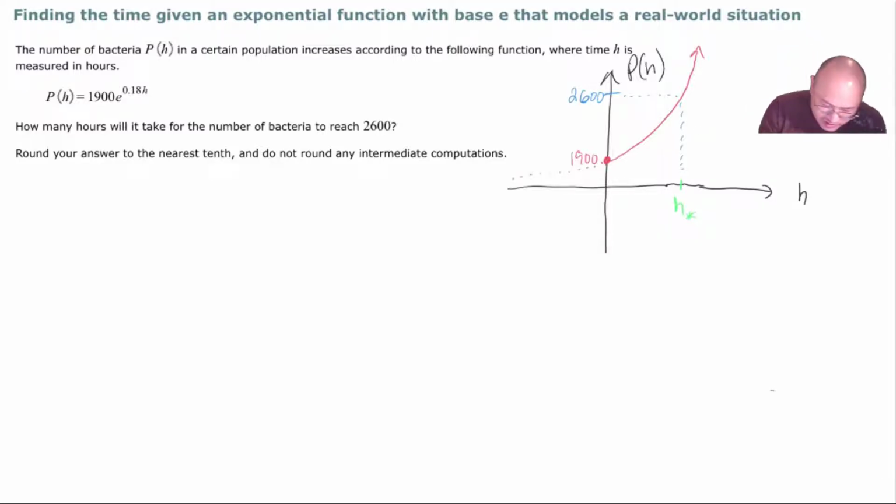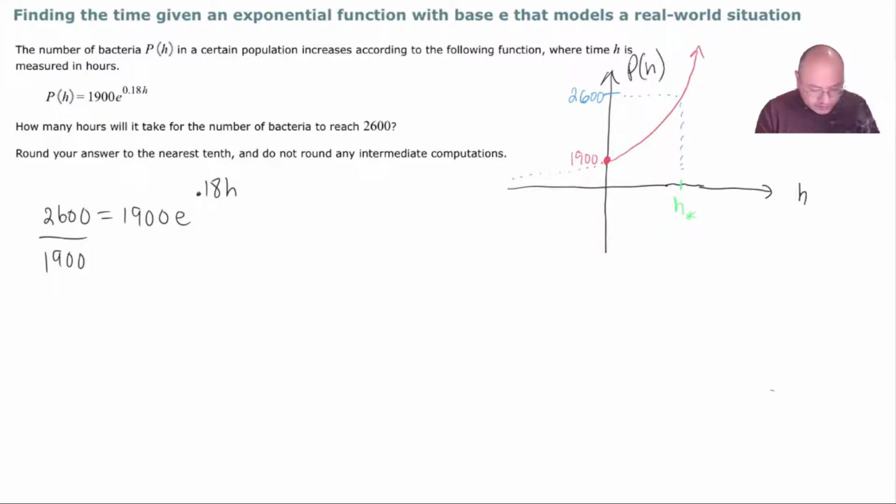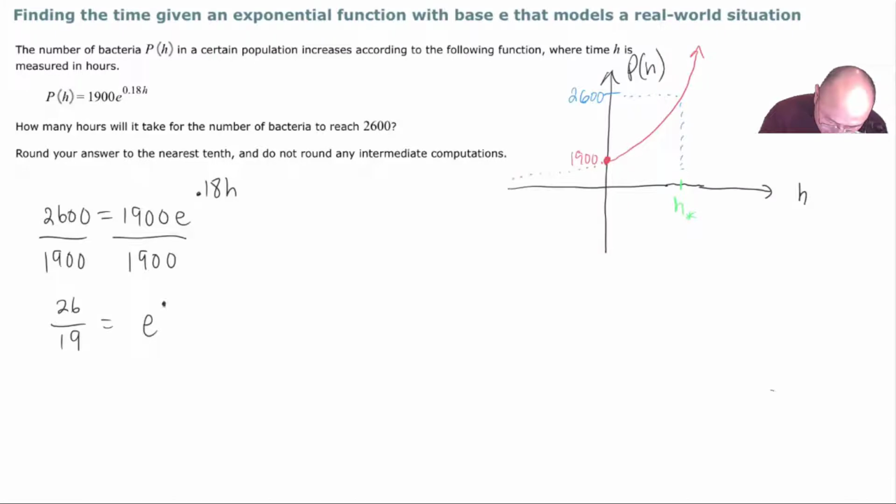So if we substitute 2,600 equals 1,900 times e to the 1/800th times h, then this becomes an equation that you're much more familiar with. And now we divide both sides by 1,900 because 1,900 is not 0, and we have 26 over 19 is equal to base e raised to the 1/800th times h.